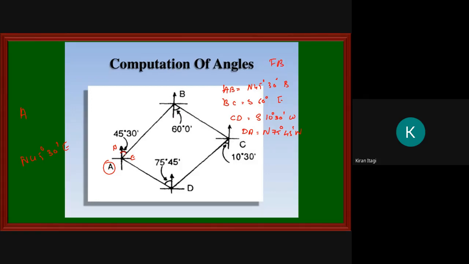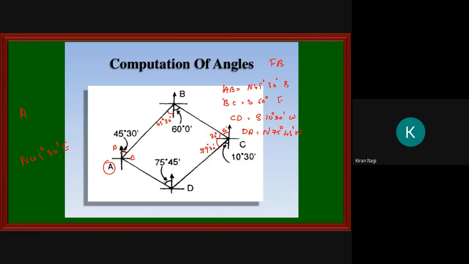If this is 45 degree, this will also be 45 degree 30 minutes. If this is 60 degree, this will be 60, and 90 minus 60 will be 30. And here he has given 10, so you can take it as 90 minus 10, which is 80, meaning 79 degree 30 minutes.